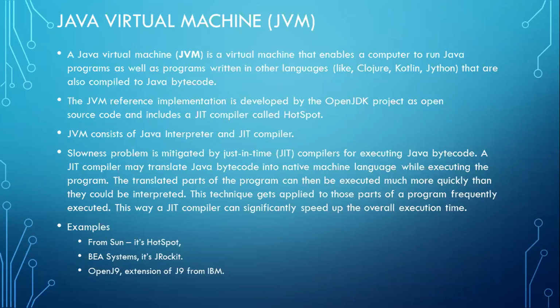This technique gets applied to those parts of the program which are frequently executed. There are quite a few concepts we will learn in today's session on how JIT compilation helps in improving the execution time. The JIT compiler significantly speeds up the overall execution time for sure.